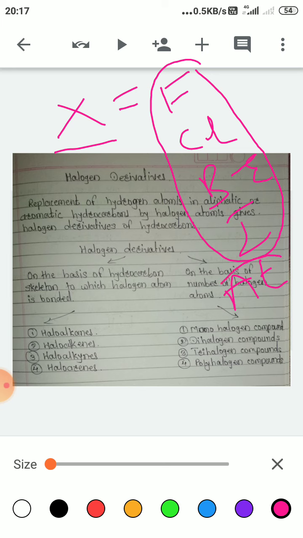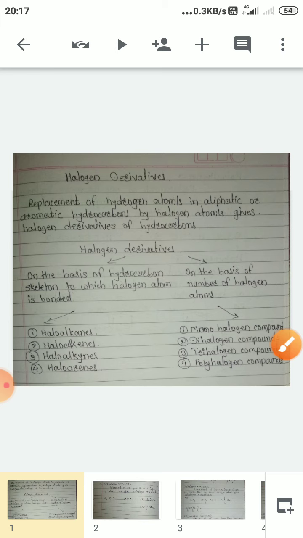But astatine is different, because astatine is a radioactive element, and therefore X is equal to only fluorine, chlorine, bromine and iodine.